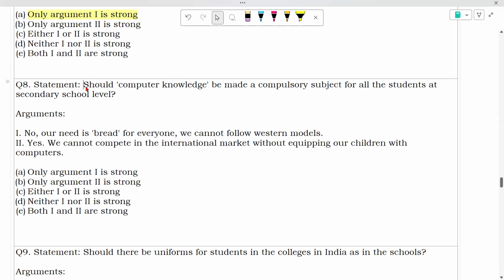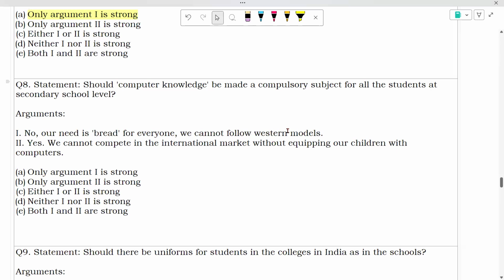Should computer knowledge be made a compulsory subject for all students at secondary school level? The arguments say yes and no. No says computer knowledge should not be made compulsory for all the students at secondary school level. Why? Our need is bread for everyone.